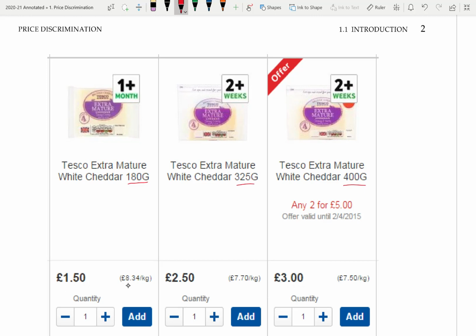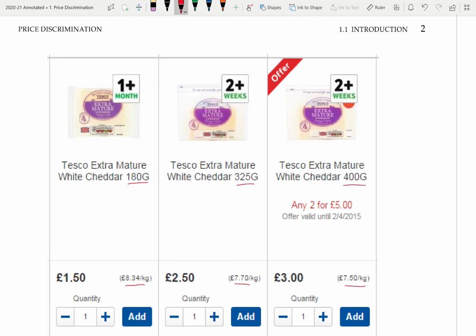And in the brackets here we have the price per kilogram. So you see here, as the size of the block of cheese increases, the price per kilogram is going down. So there's a bulk discount here. The bigger the block of cheese you buy, the less you pay per kilogram of cheese.